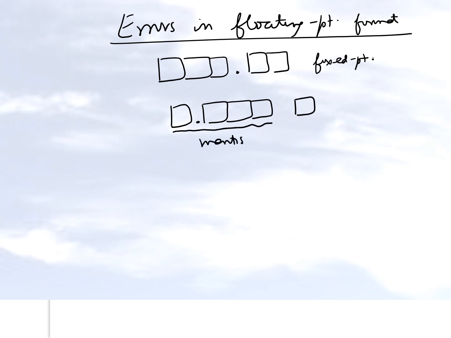We're going to use 4 places for the mantissa, and 1 place for the exponent.